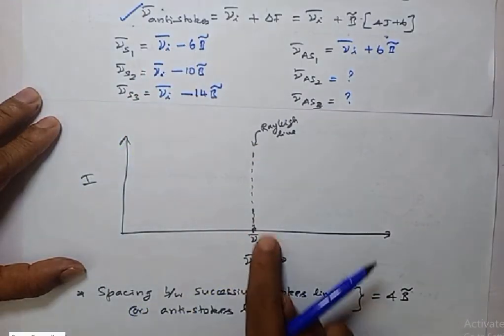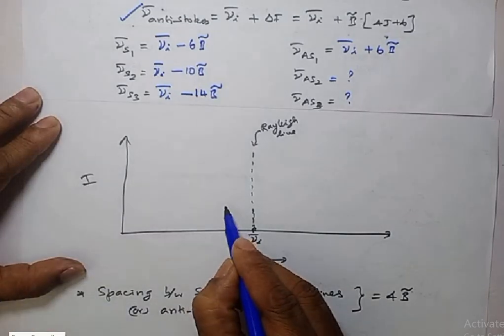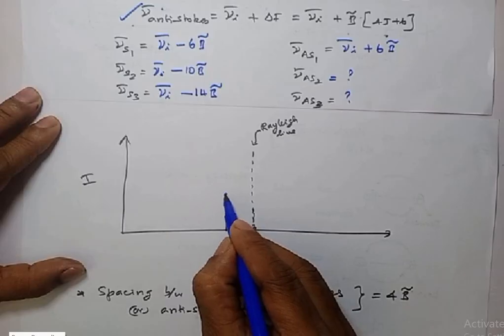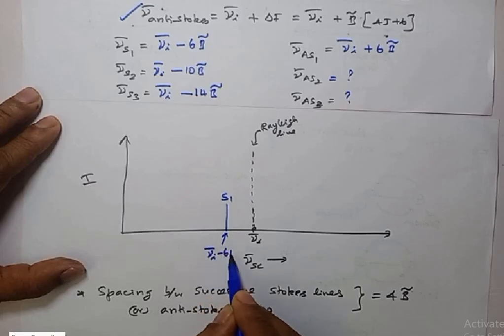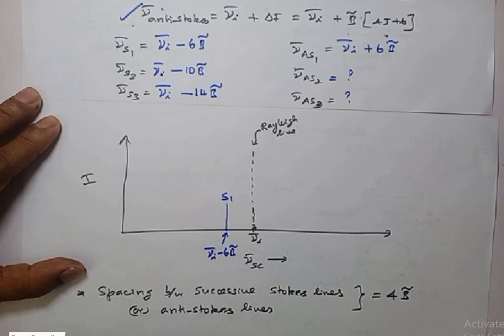So from nu I bar, you subtract 6B, and we get the first Stokes line. This is S1, the first Stokes line. It will appear at nu I bar minus 6B.